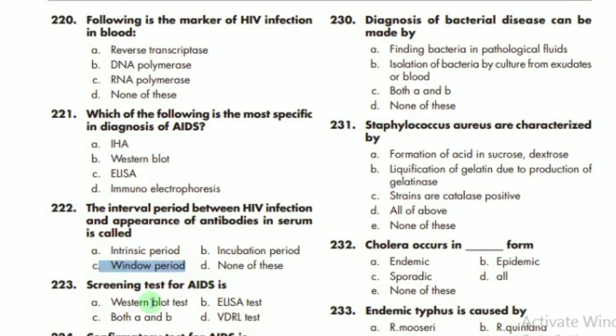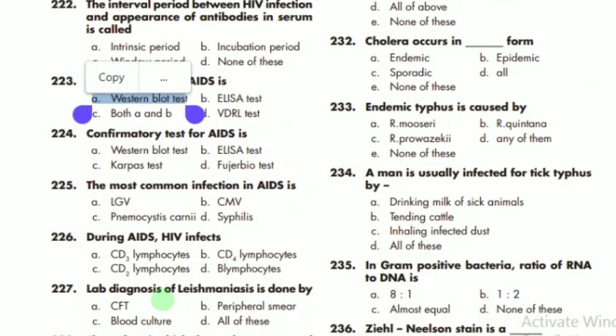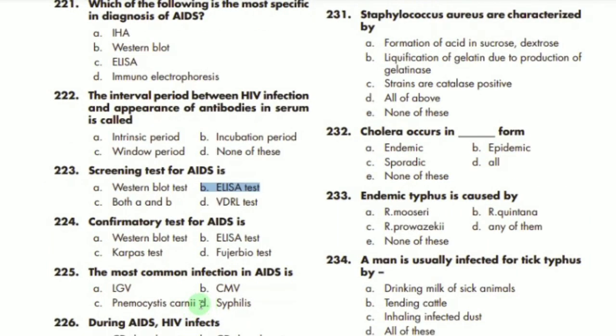Screening test for AIDS is ELISA. Now the confirmatory test for AIDS, whenever we want to confirm whether they have AIDS, we mostly perform Western blotting. For screening of AIDS we use ELISA. Now the most common infection in AIDS is Pneumocystis carinii. C is the correct option.